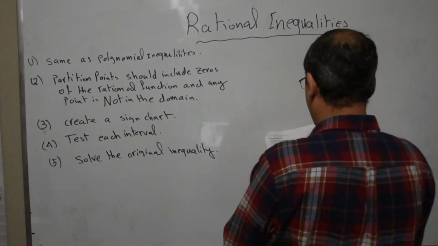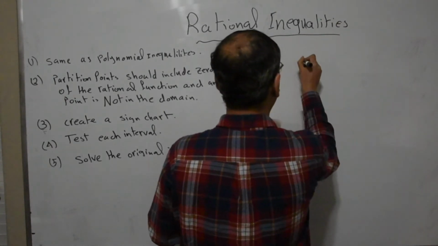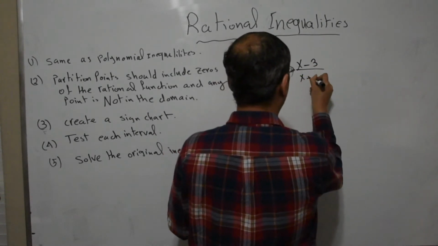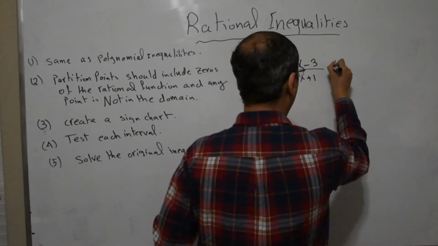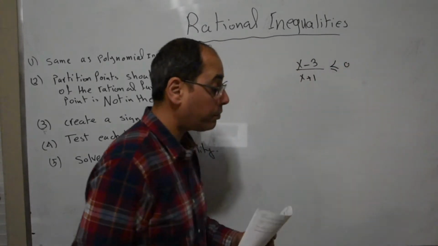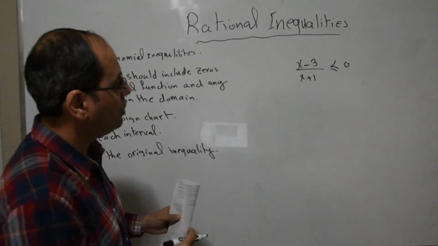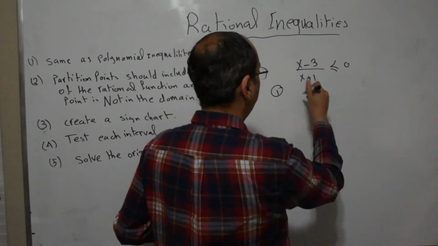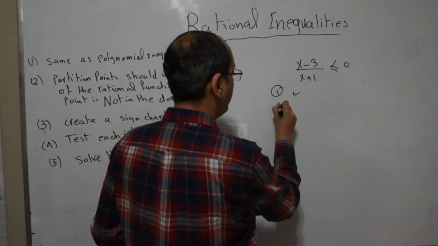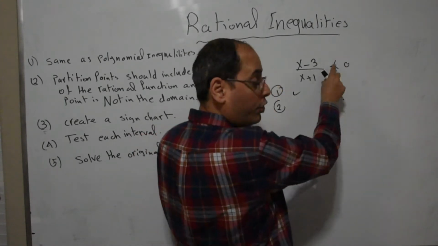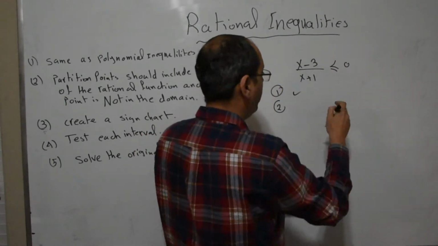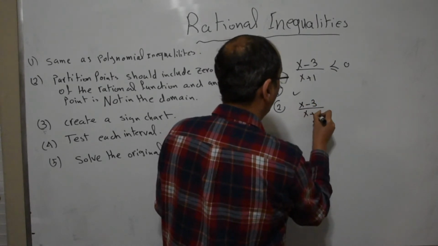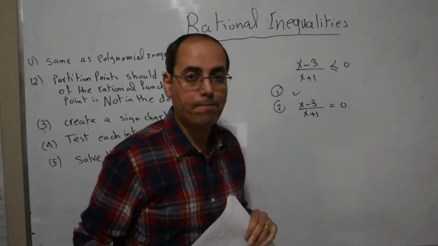So if I say (x minus 3) over (x plus 1) is less than or equal to 0. The first step, step 1: the right side is 0. It's okay. Step 2, I have to change the less than or equal to to equal, so I have (x minus 3) over (x plus 1) equals 0.